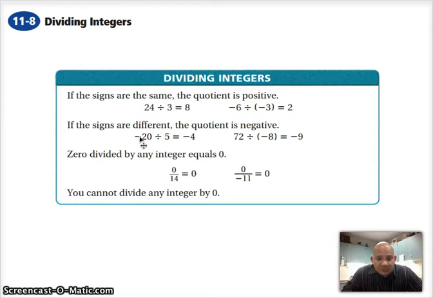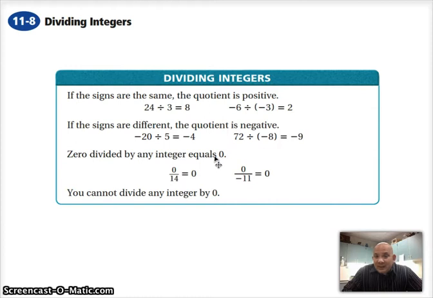Now, if the signs are different, if we have a negative number divided by a positive number or a positive number divided by a negative, the resulting quotient will also be negative. So, unlike signs, different signs with the divisor and the dividend, results in a quotient which is negative.